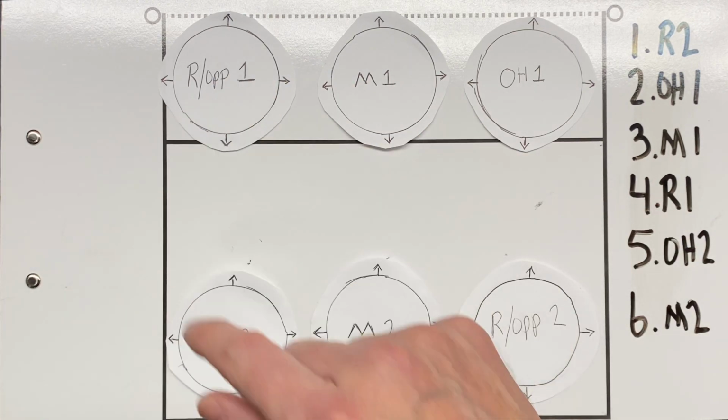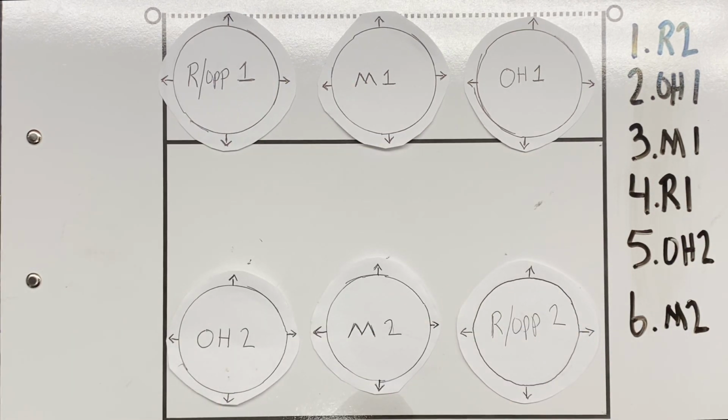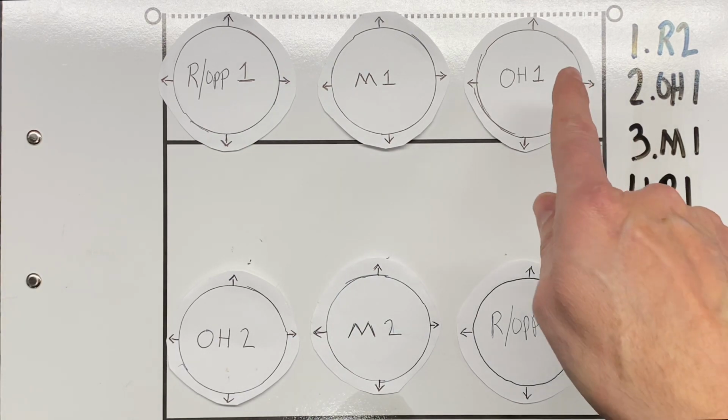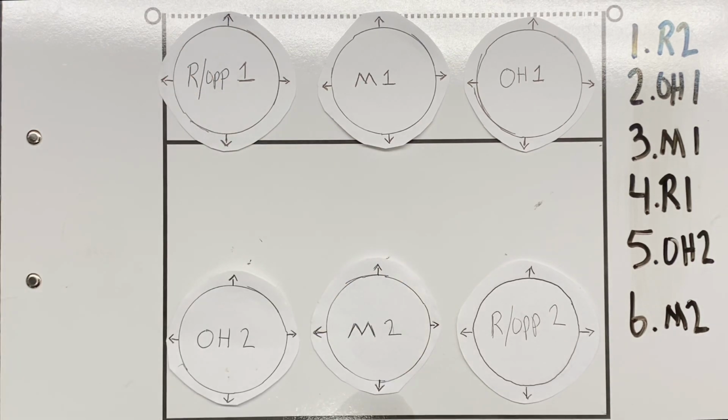So front row has to stay in front row, back row has to stay in back row. So we can't have this outside back row player switch after the contact of the serve and go into the front row. Okay, that would be an illegal move. So all front row players in the rotation have to stay front row. All back row players have to stay back row.